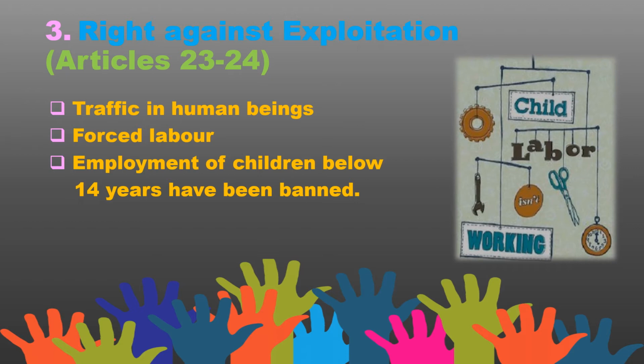Traffic in human beings means selling and buying of human beings as material goods. People belonging to the poor and downtrodden sections were made to work free of charge for landlords and other powerful persons. So the practice was begar or forced labor, which was banned according to the constitution.